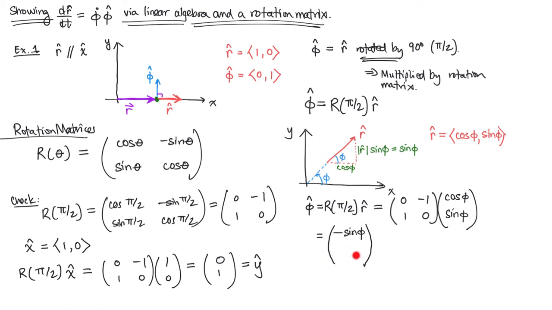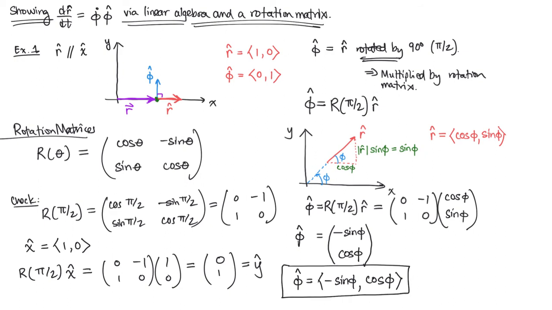And my second component here will be 1 times cosine plus 0 times sine. Okay, so now I have an explicit statement about the phi hat vector. In particular, the phi hat vector would be minus sine of phi in the x hat direction and positive cosine of phi in the y hat direction.